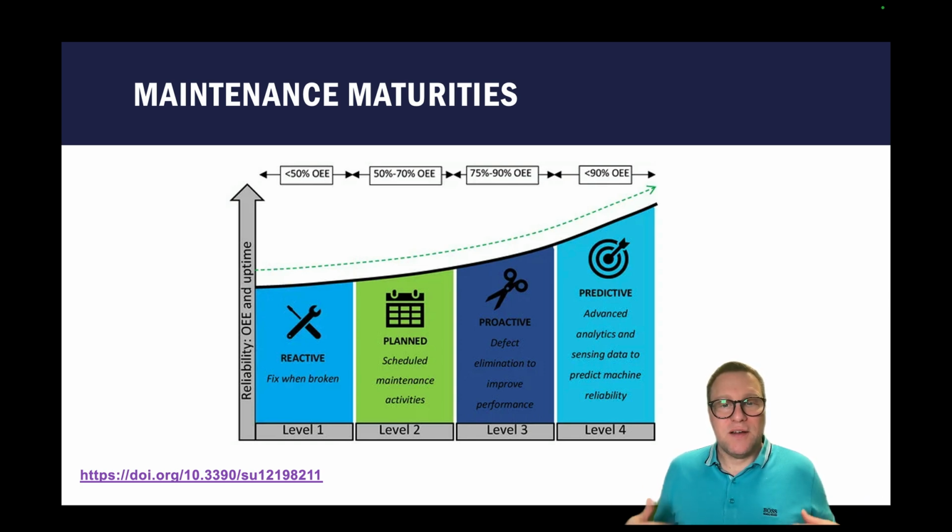If you go into proactive maintenance, we are more in the root cause topics, which we discussed before. You really try to figure out what is happening there and go towards the root cause, and you lift your overall equipment efficiencies quite a lot.